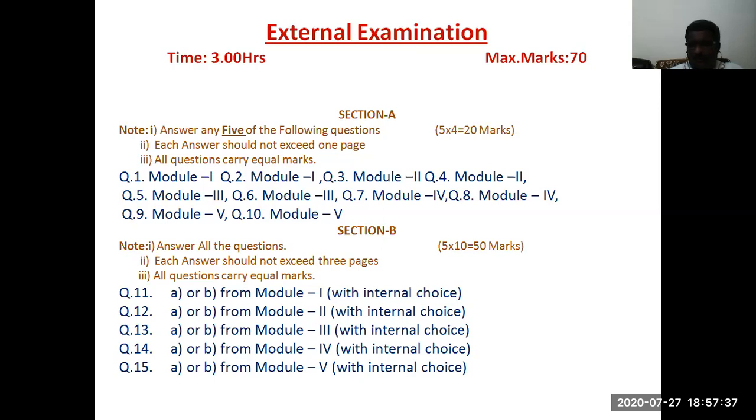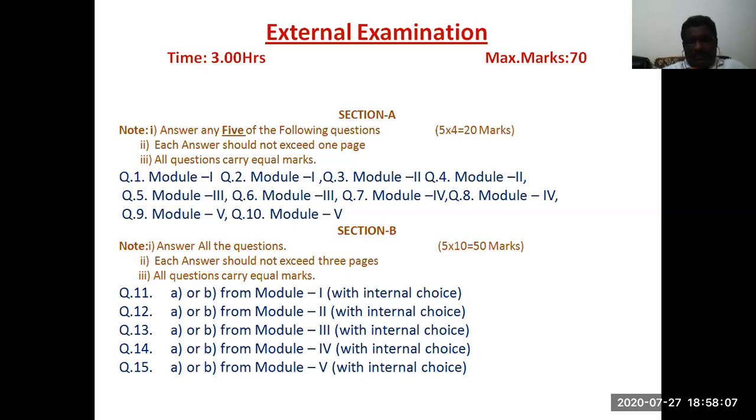So it is compulsory to attempt all the questions. Each question is allotted to each module, and we get 2 questions from each module as an internal choice. Student has to study all the modules if he wants to attempt. He is compulsory to attend these 5 questions.